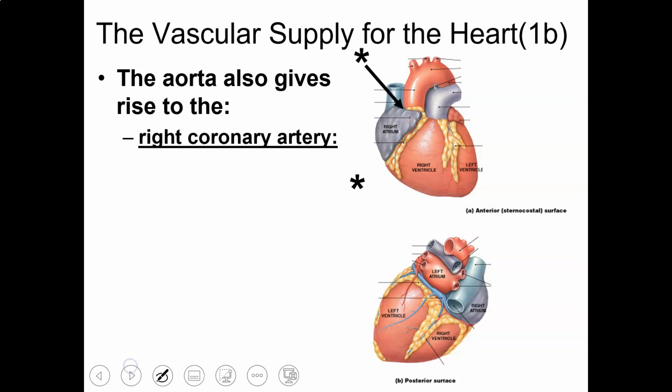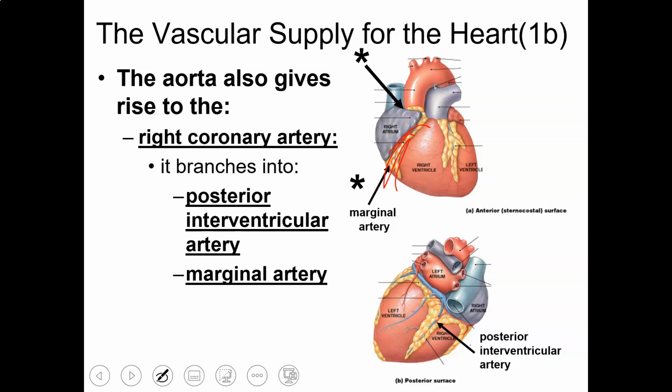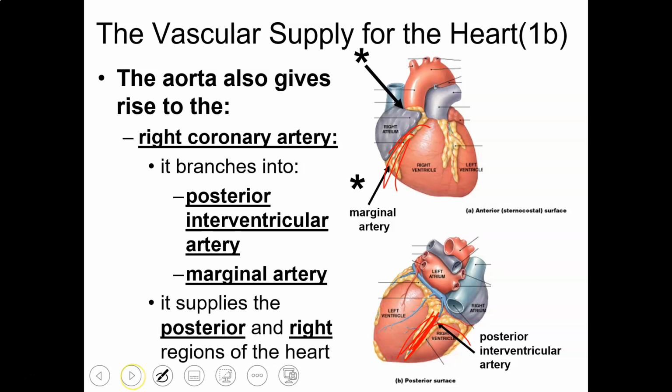The aorta also gives rise to the right coronary artery. There is a right marginal artery that goes there. And then it comes around the back of the heart and turns into this posterior interventricular artery. Supplies some of the back and right side of the heart.